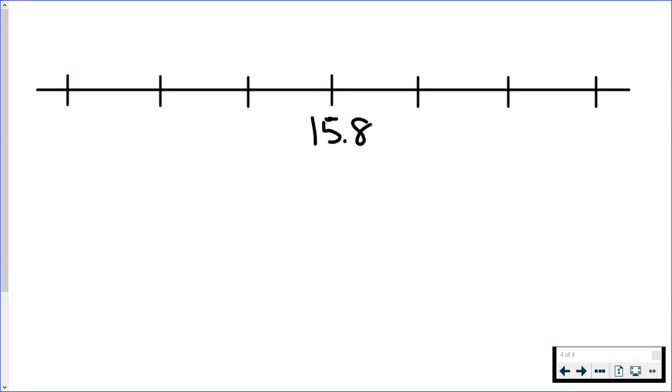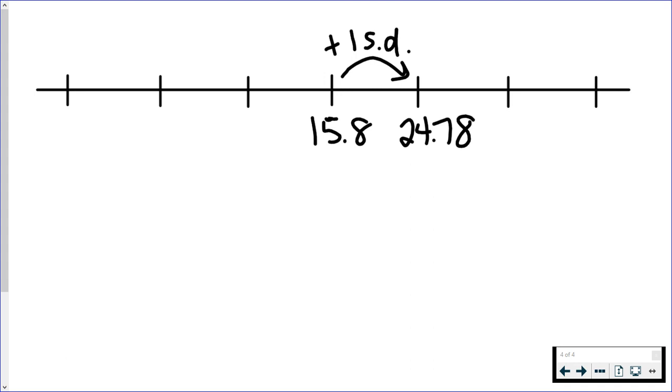Then to go to the right, you add one standard deviation to go to each space. If you move to the left, you subtract one standard deviation to move to the next space. So if I add one standard deviation, I would be adding 8.98 to my 15.8. That gives me 24.78.